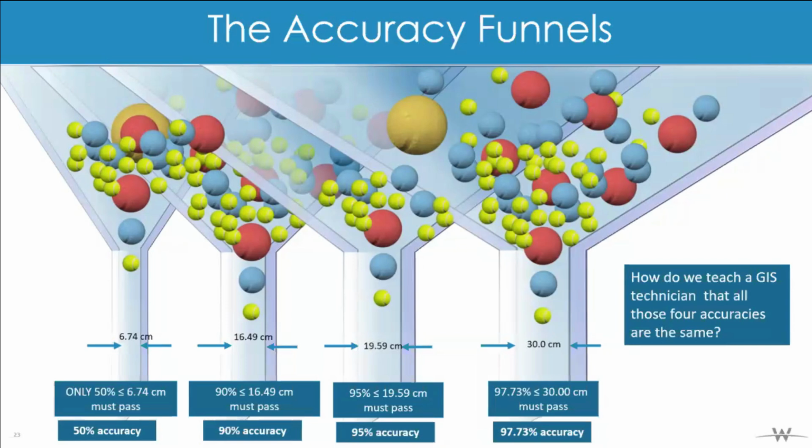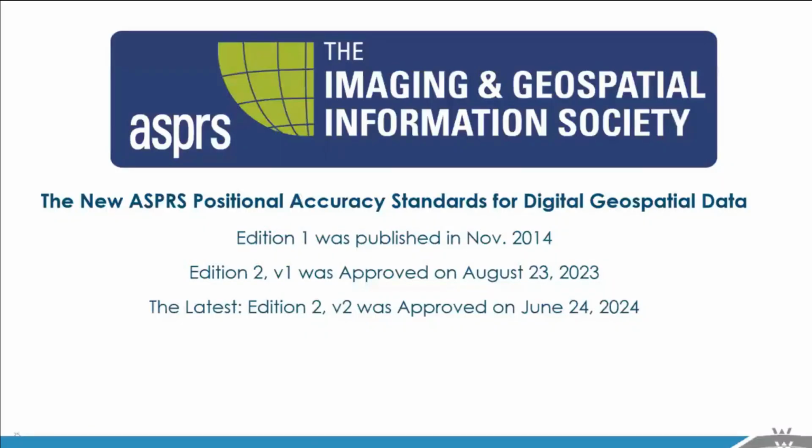So hopefully we can succeed in explaining these concepts in a different way than we taught them in the past. So let's talk about our accuracy standard, the ASPRS Positional Accuracy Standard for Digital Geospatial Data. The latest one, which we published in recent years to make it suitable for the digital era of geospatial, when LiDAR and digital cameras were really emerging, was edition 1, published in 2014.